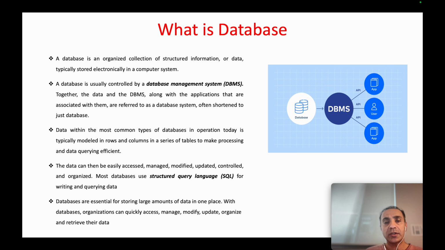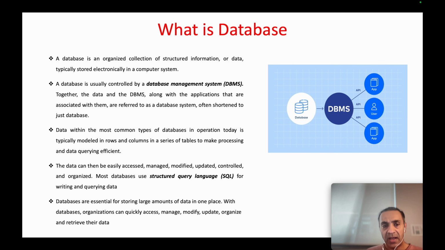Data within the most common types of databases in operation today is typically modeled in rows and columns in a series of tables to make processing and data querying efficient. So similar to a pandas data frame that we use in Python, which is basically a set of rows and columns, similarly the database tables are just like that in rows and columns.